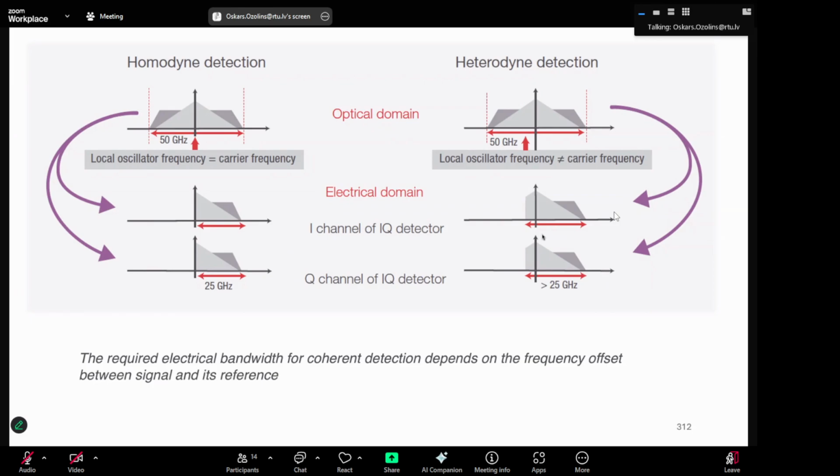So you need to compensate for frequency difference and then also for phase difference. So there are quite many things to do in digital signal processing to recover the signals back. Okay.